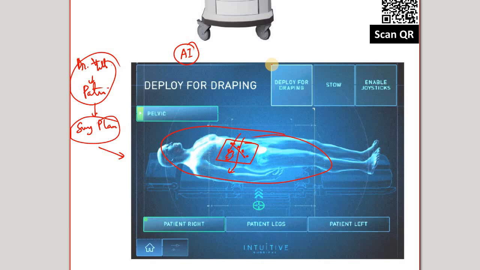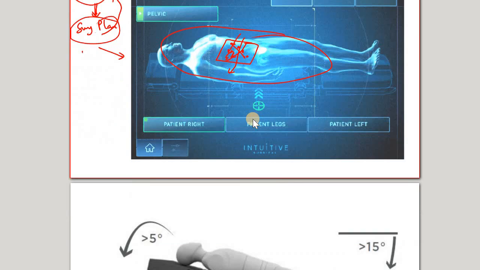It will remove some other part, and the third arm will have the camera to look over the entire procedure, and so on. After looking at the plan, the surgeon will again review it, and after reviewing, they will move ahead. If everything is okay, then they will start the operation.